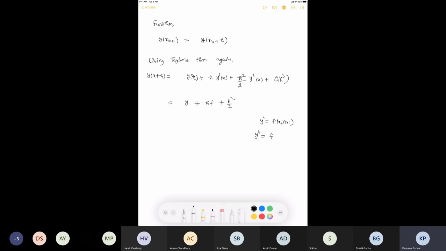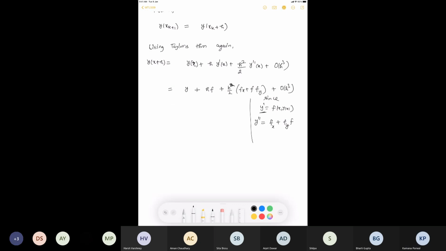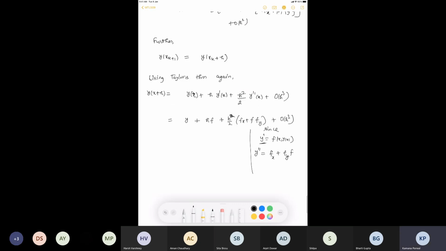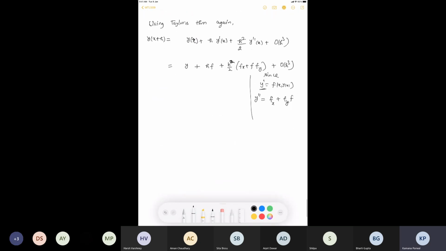Using the chain rule, this is f_x plus f_y, and then the derivative of y with respect to x, that is dy/dx, which is f again. So this is f_x plus f into f_y plus order h cube. And again, all the evaluations here are the same as what we have written here. So all the functions are evaluated at.